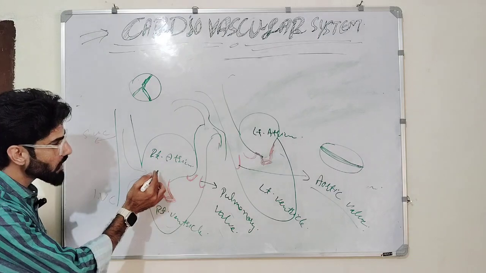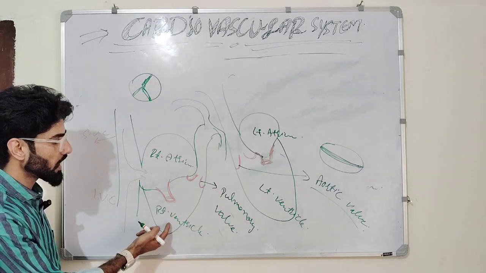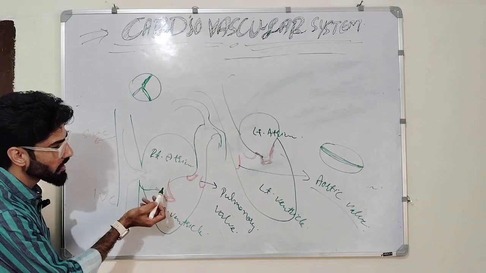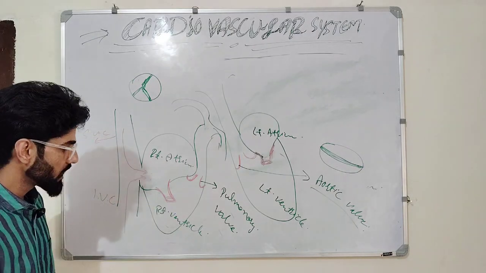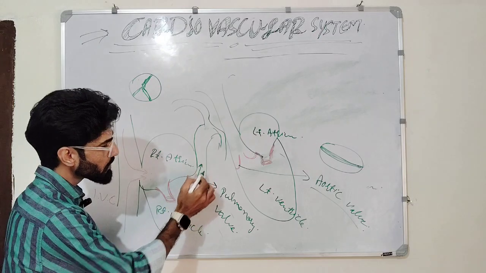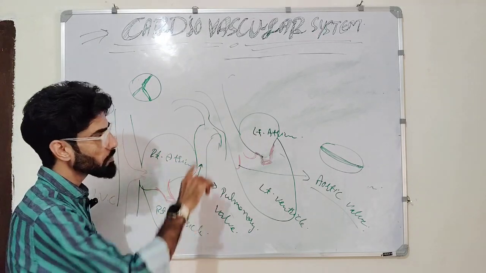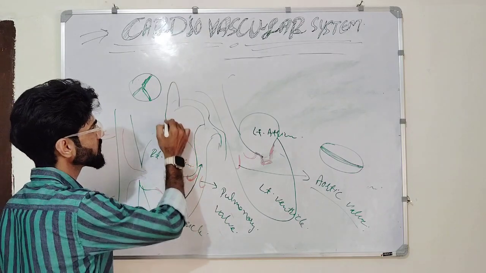Then from the right atrium, the blood will be pumped into the right ventricle through which valve? Tricuspid valve. Then the right ventricle will eject blood into the pulmonary system. This is your lungs.